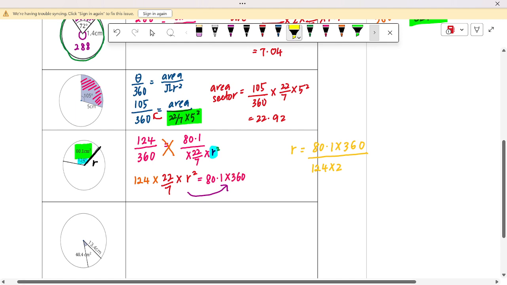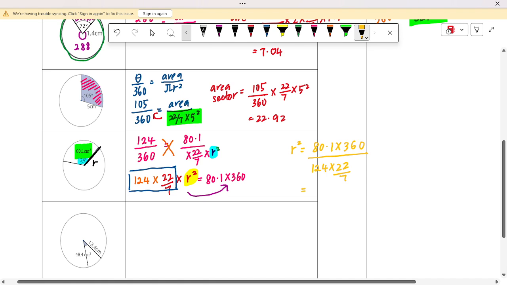Okay. So to calculate the value of r, the rest of it will be shifted on the right side. Times will become divide. So times 22 over 7. So r square will be remaining here. Okay.